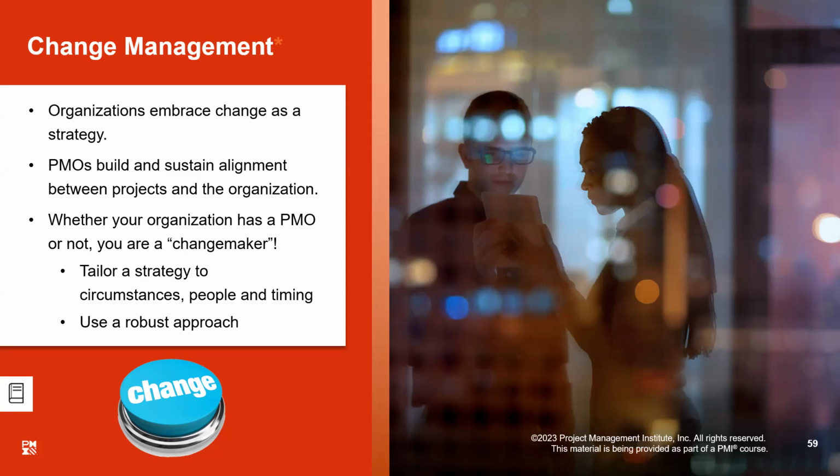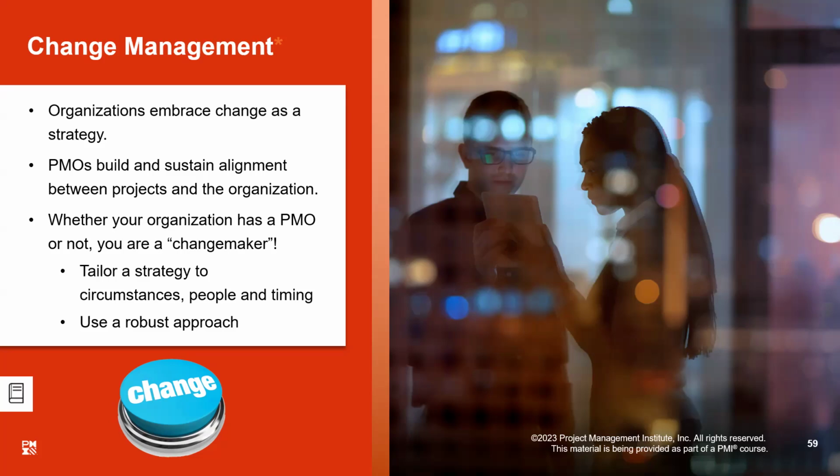Whether your organization has a PMO or not, if you have projects running in your organization, you need to have a PMO. And if you don't have a PMO, then you yourself are a change maker. Every project manager is a change maker. So tailor your strategy to the circumstances, people, and timing.